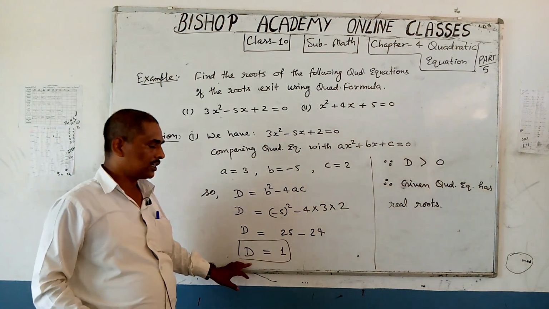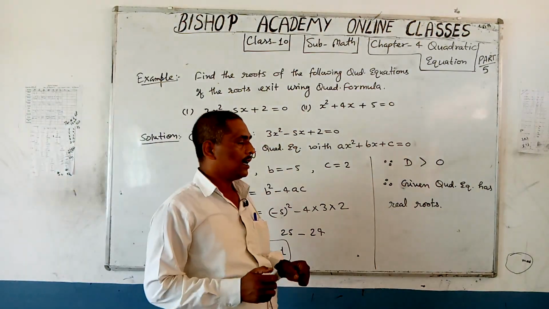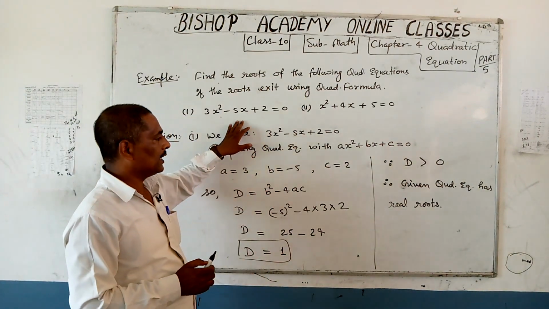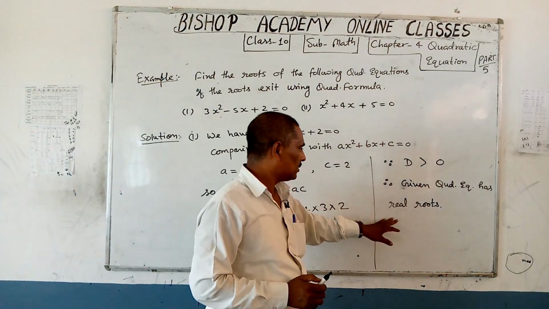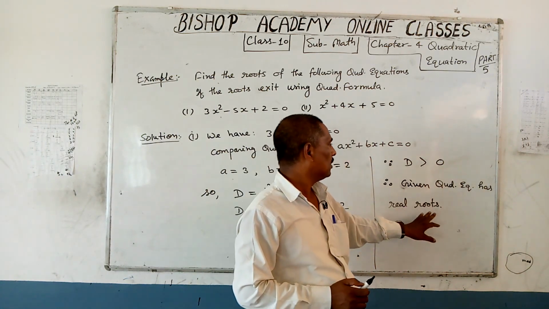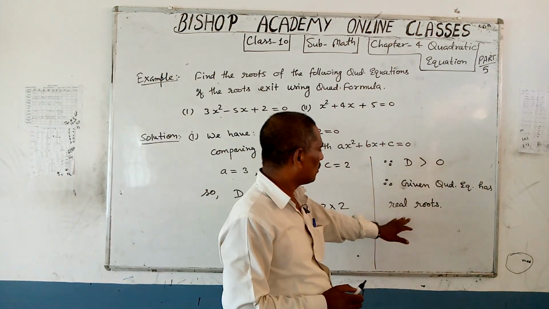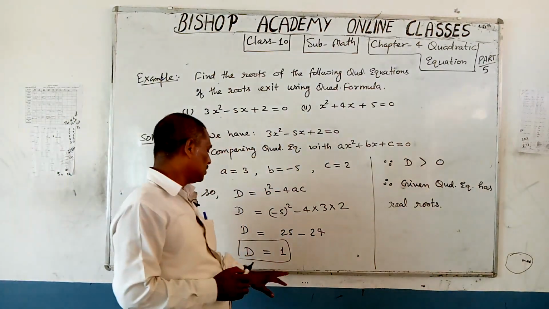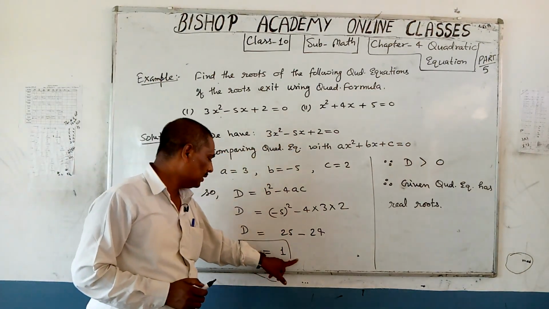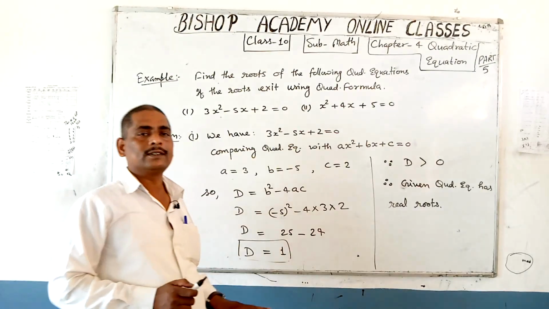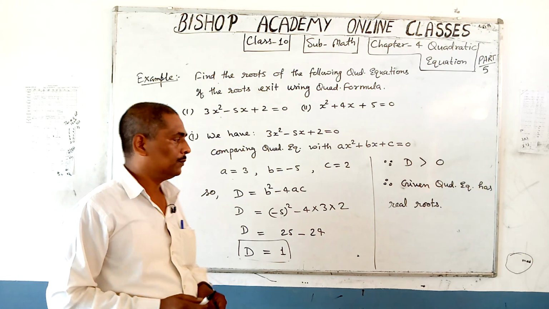So the value of the discriminant decides about the roots of the given quadratic equation. The given quadratic equation has real roots because the value of D is greater than 0. The discriminant is equal to 1, which is greater than 0.